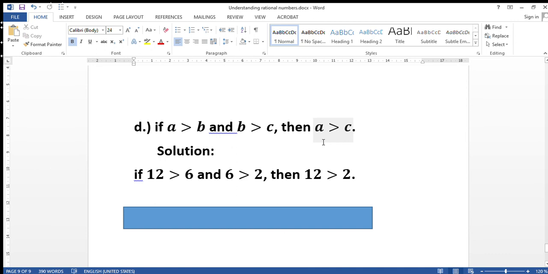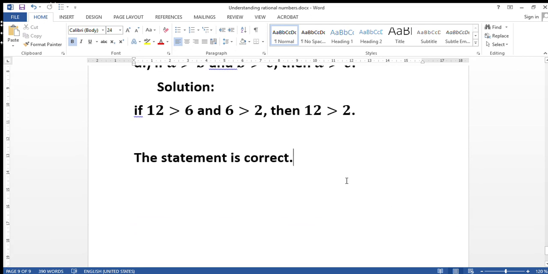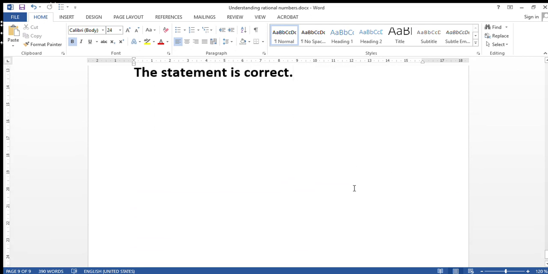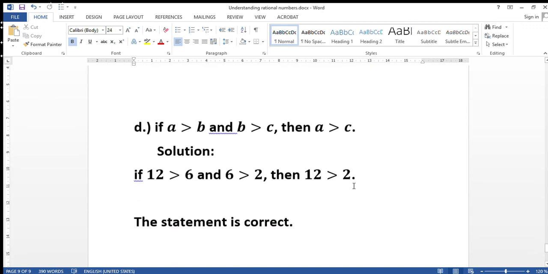Then a must be greater than c. Our a is 12, our c is 2, so it is indeed correct. So the statement is correct. Okay, that's the end of the rational numbers.